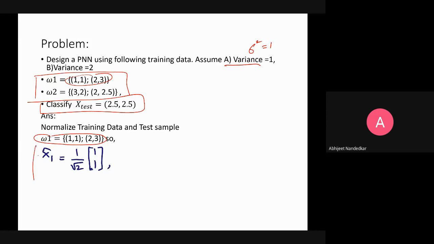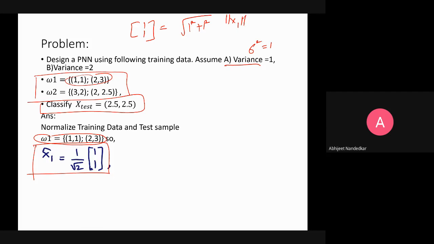So normalization is like this. 1 1 will get multiplied by 1 over root 2, because I need to divide this vector by its length so that it will be normalized. So the length of 1 1 is the square root of 1 square plus 1 square. Okay, so this is my current length, or this is the norm of x1.